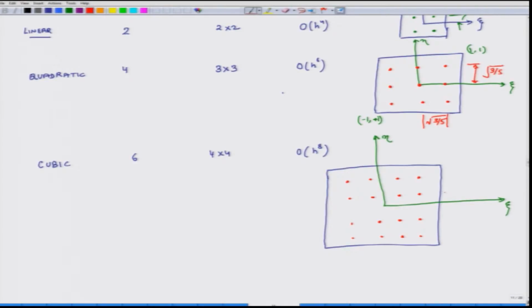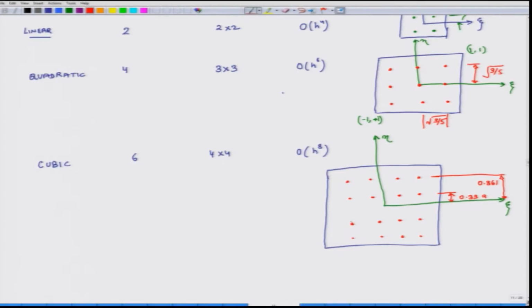So what are the locations of these points? This distance is 0.339 and this distance is 0.861. Same distances on the other side of the zeta and eta axes also.